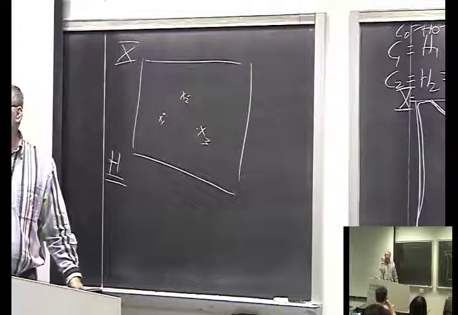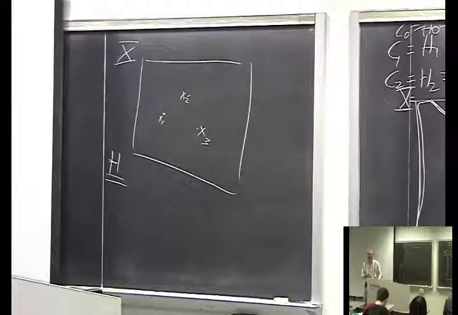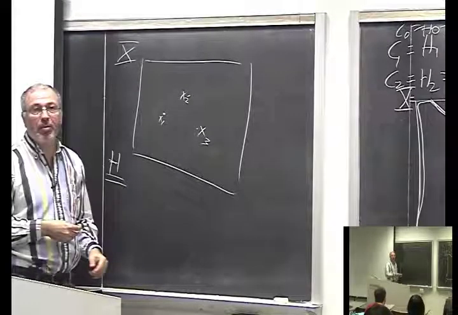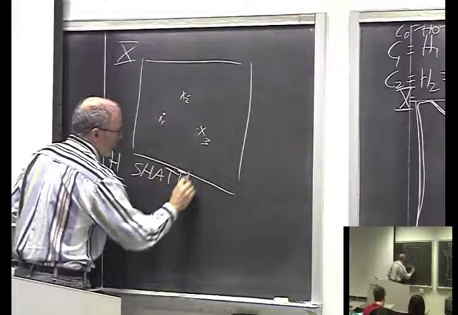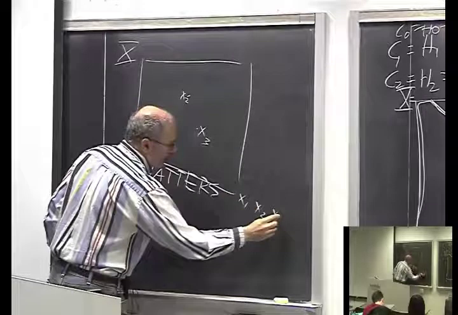Okay, this is the property I'm interested in. It's based on the intuition I just gave you before. If it does, you will say that this hypothesis space shatters these three examples. Okay? H shatters x1, x2, x3.